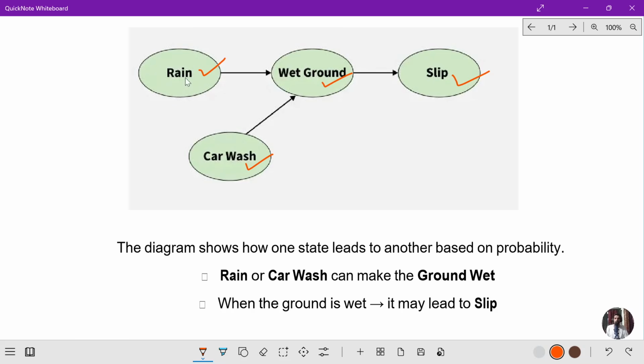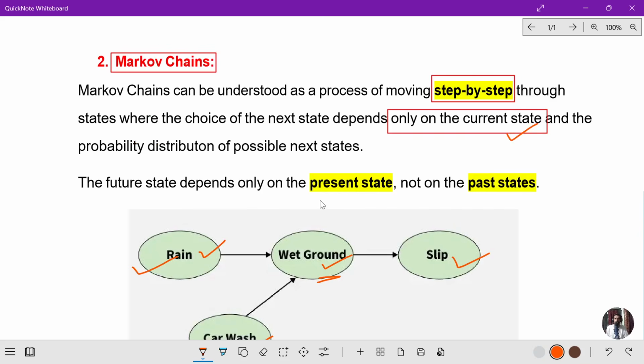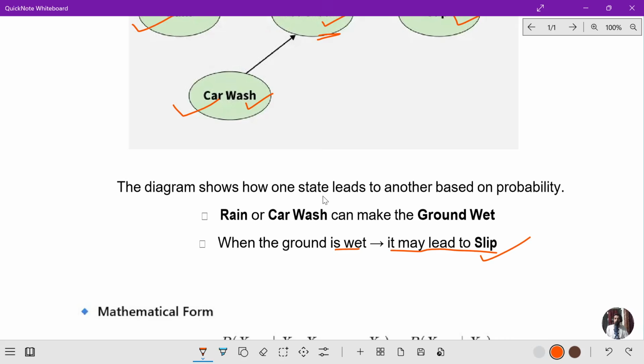You observe, if there is rain as well as a car wash, it leads to wet ground. The ground is going to be wet because of rain as well as car wash. And when the ground is wet, it may lead to slip. So this is the example for the Markov chain mechanism.